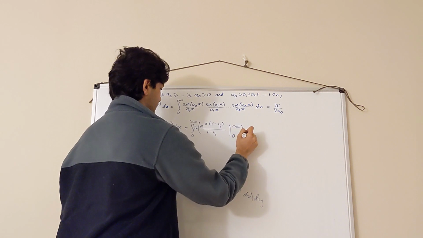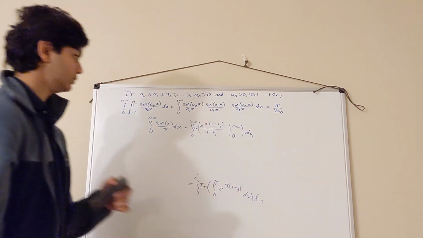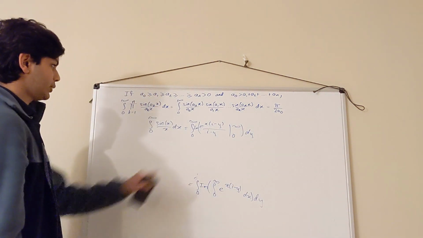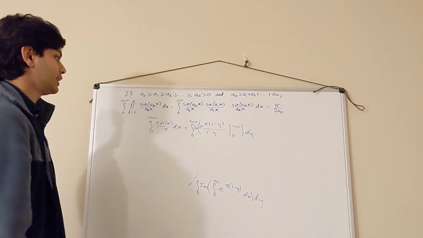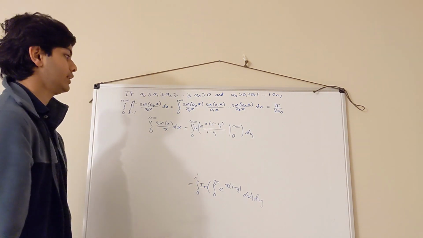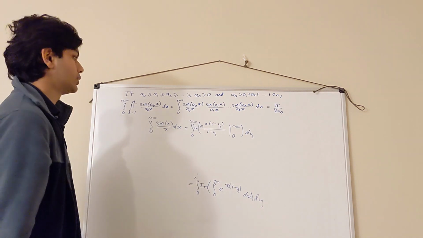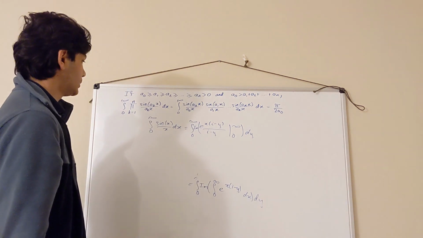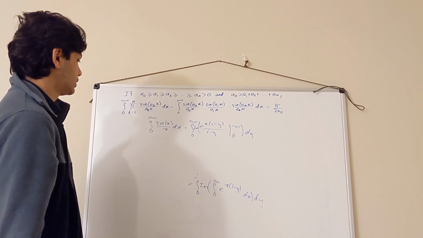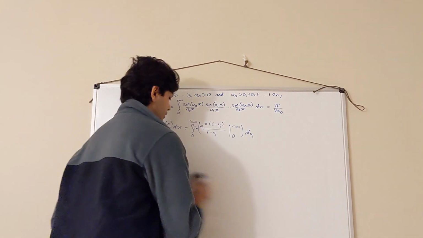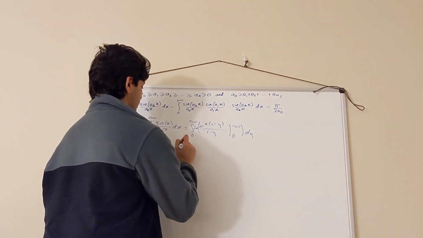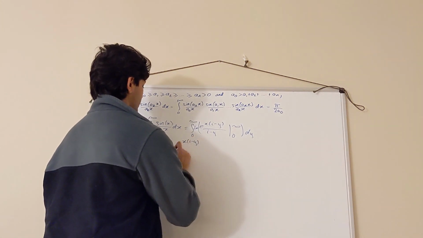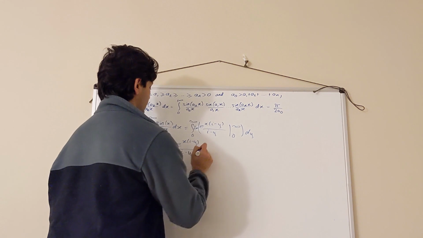evaluated from 0 to infinity, dy. Okay, so now what we want to do is expand out this e to the power of ix minus xy to see easily what this will be. If we write out e to the power of x times i minus y over i minus y, we want to do two things.